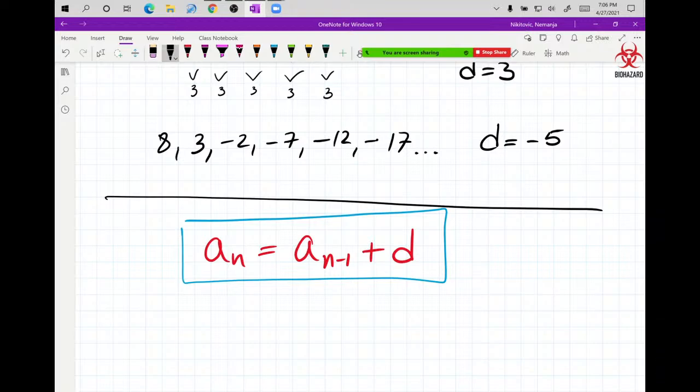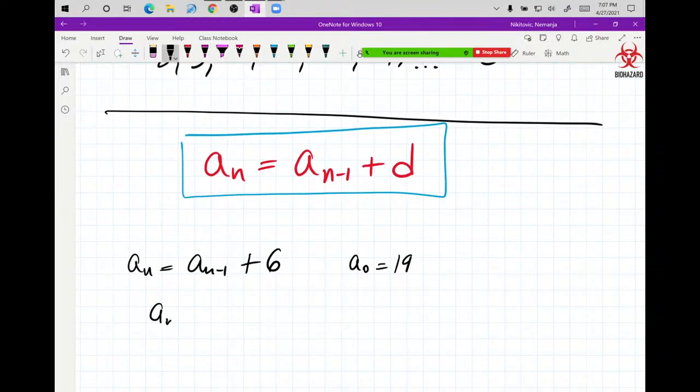So if you have a_n equals a_(n-1) plus 6, and you're starting with a_0 as 19, then the first term is 19, and then you add 6. a_1 is 25.